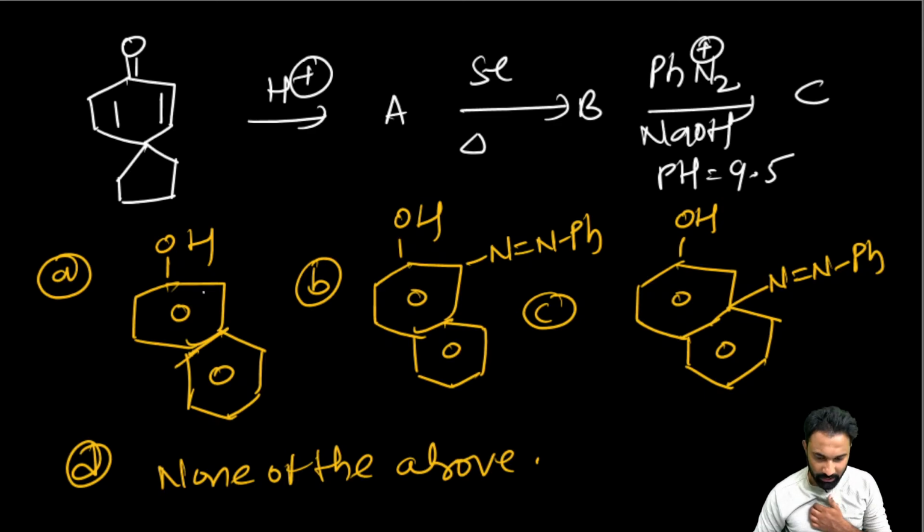Answer is B. Good. Because here the A is dienone phenol rearrangement. Answer is B. How?